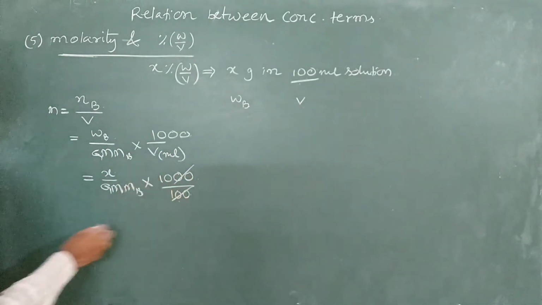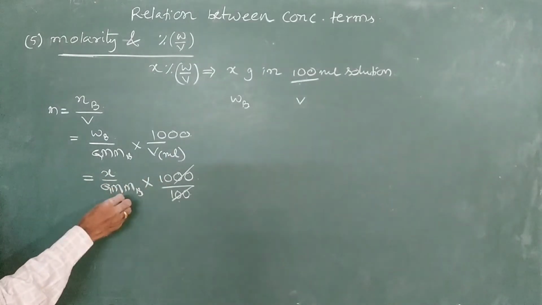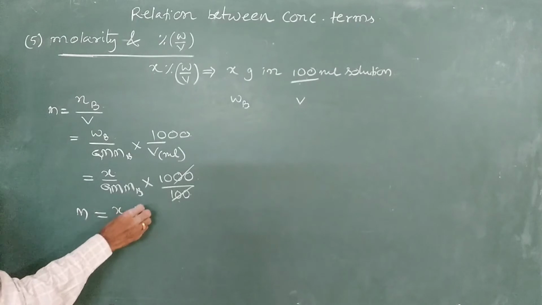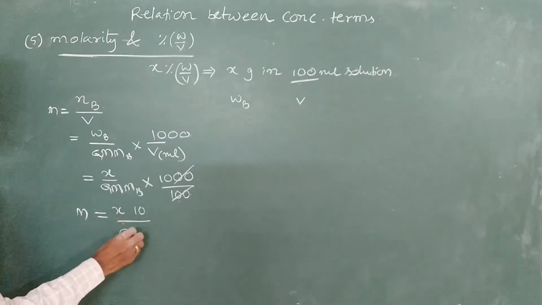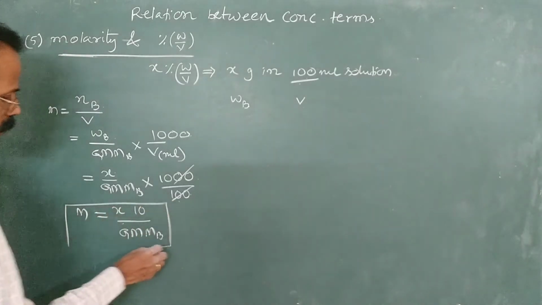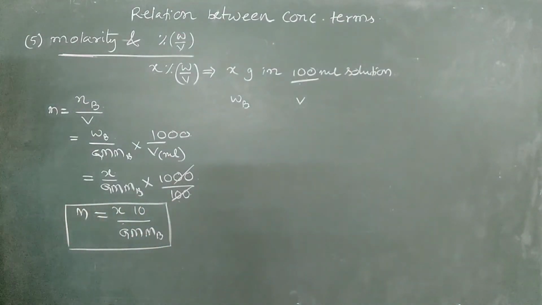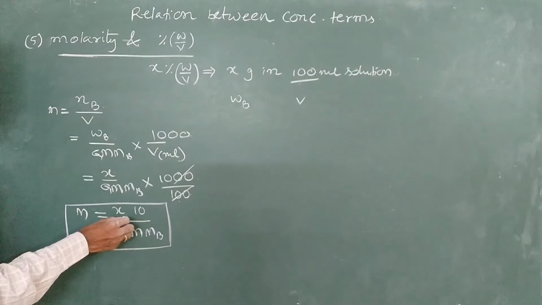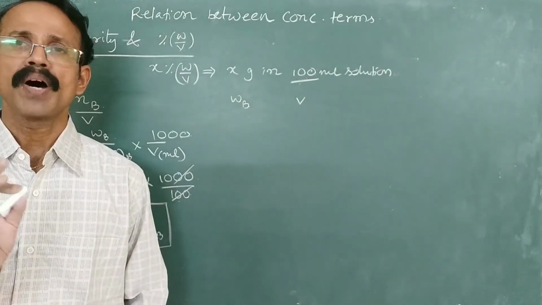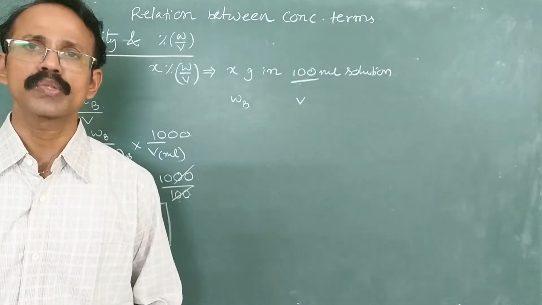Now cancelling, you will get molarity is equal to 10 into X divided by gram molar mass of solute. So this is the formula to calculate molarity by using percentage mass by volume, where X is the percentage mass by volume of the solution.